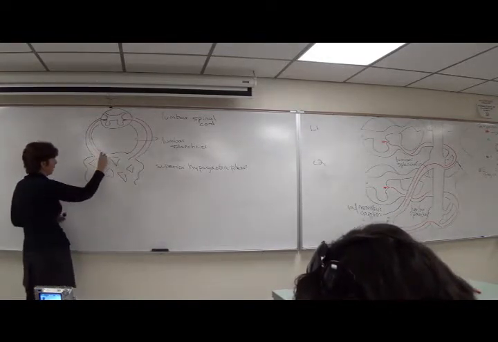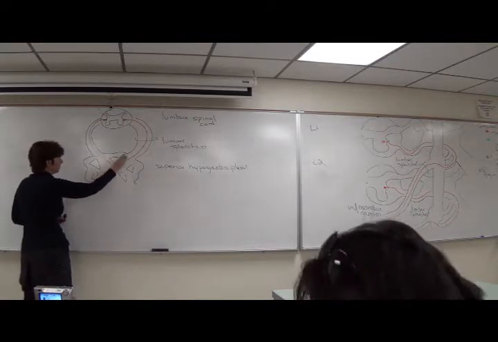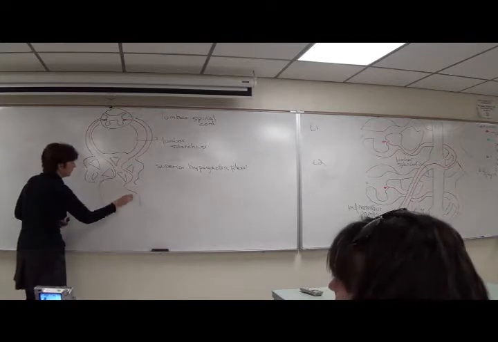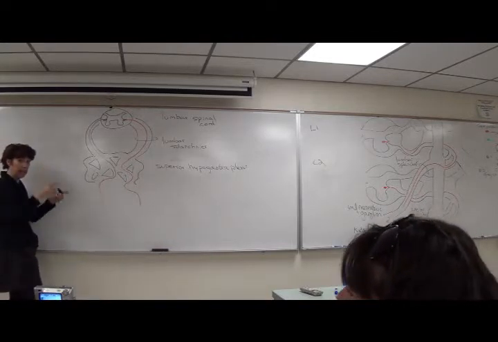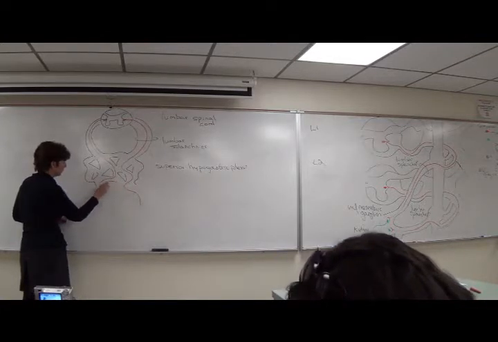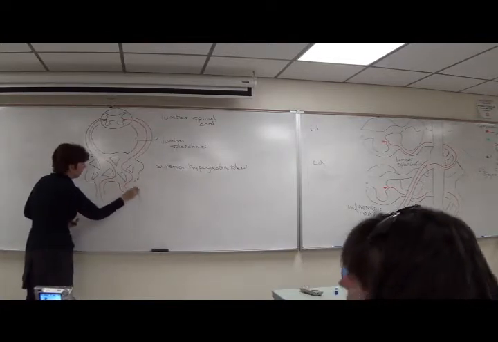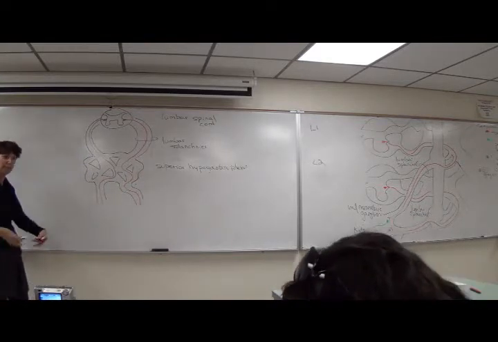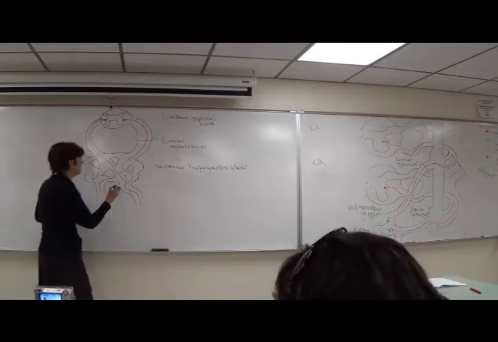And then these neurons would pass through that and down into the pelvis as the hypogastric nerves. Now I'm drawing them here as a single nerve, but they're really multiple bundles of nerves that are descending.